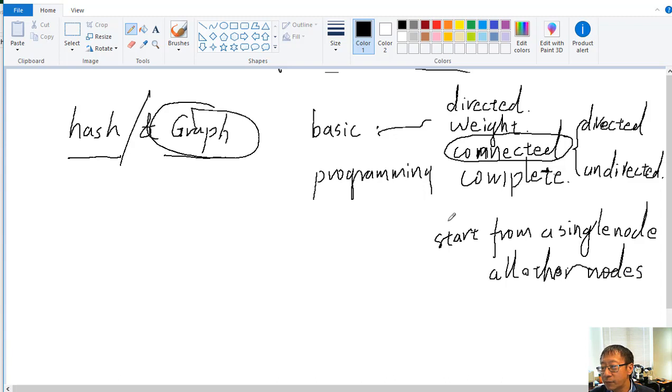So basically, if it's an undirected graph, and you choose one node, and you can find a path from this node to every other node, then this graph will be connected.